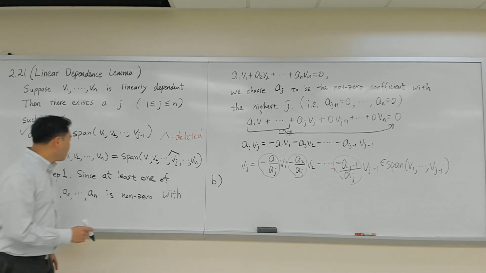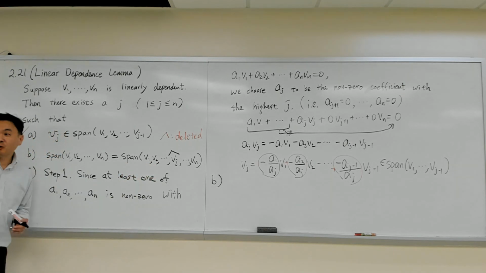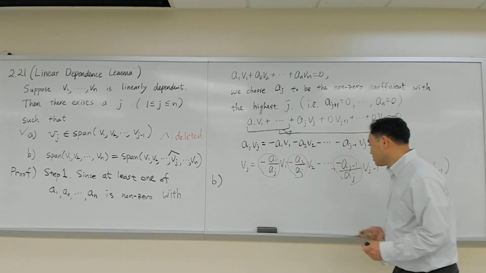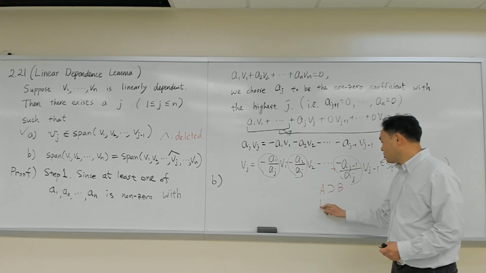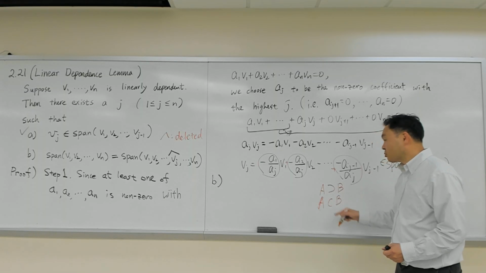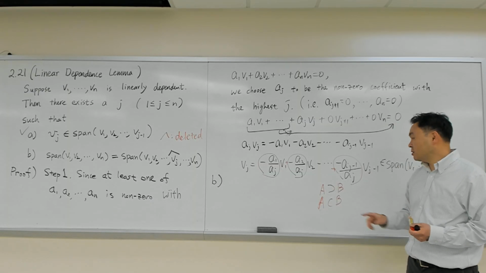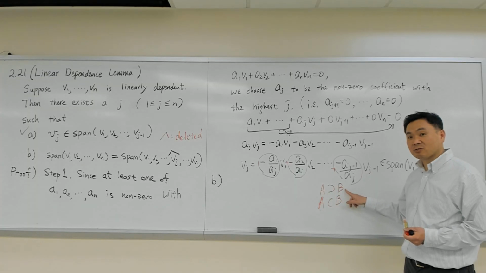Now, if I say this is A and that's B, which one is trivial? Is A includes B trivial, or A a subset of B trivial? A includes B. This is trivial.